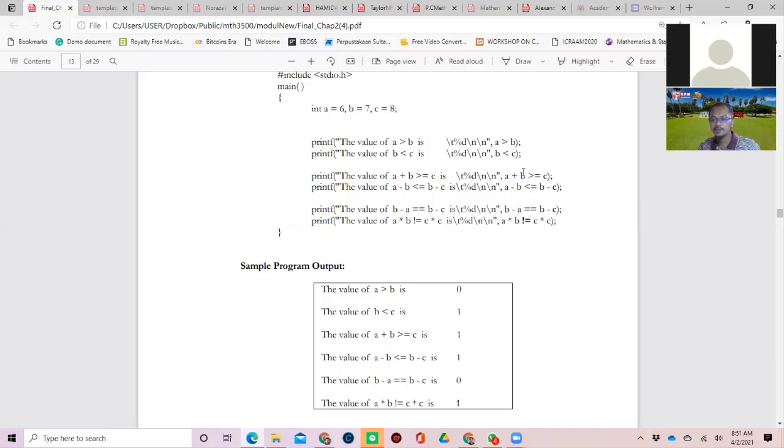Now this one, you can calculate by your own, and then refer to the logic of the result here.